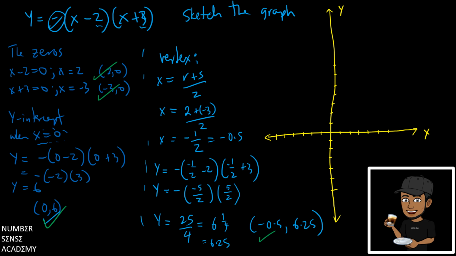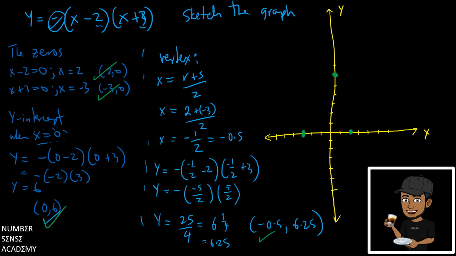So for my first point, I need (2, 0). So let's find those. (2, 0) is right here. Then I need (negative 3, 0), which is right here. So these are my zeros. Then I need the y-intercept, which happens at (0, 6). 1, 2, 3, 4, 5, 6. So this is right here. That's my y-intercept. And then the vertex happens at negative 1/2 and 6.25.